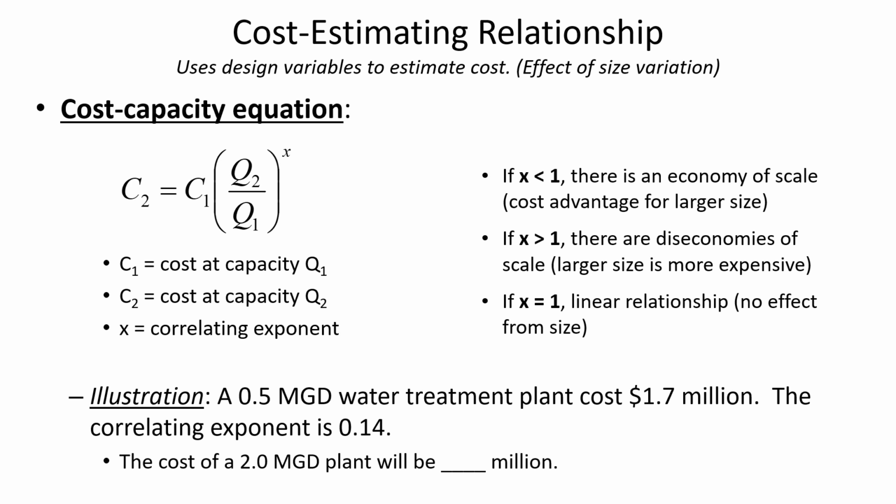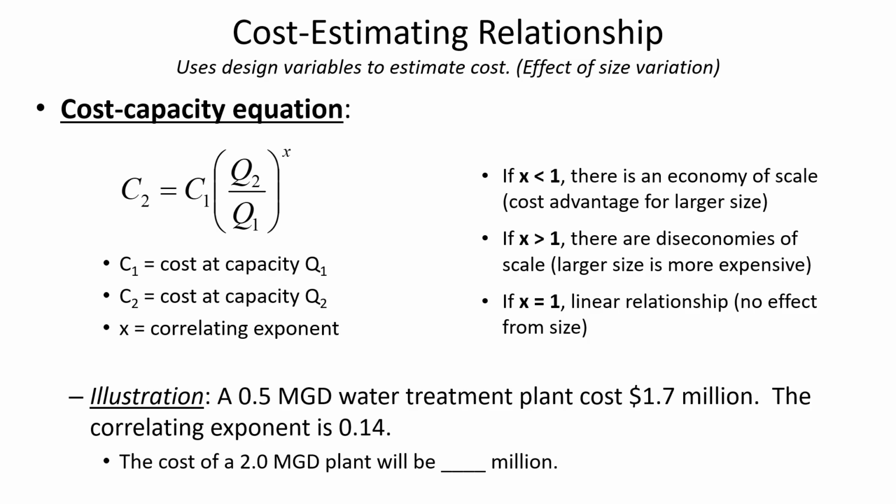What we want to do is we want to predict C2. So we want to predict C2, the cost of the item, when Q2 is 2.0 million gallons per day.